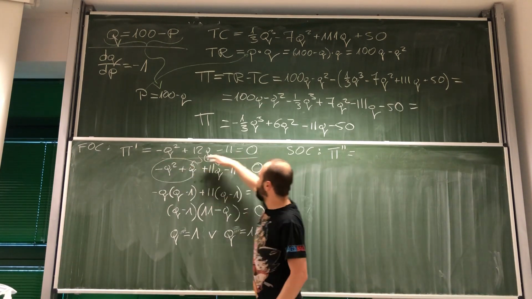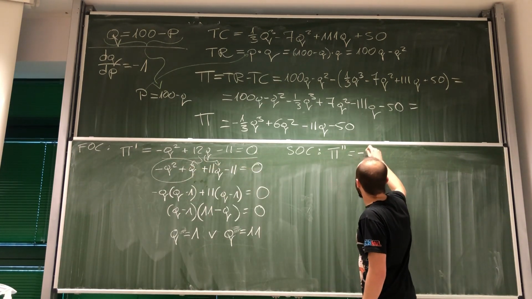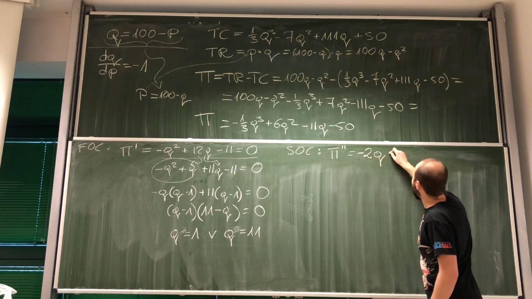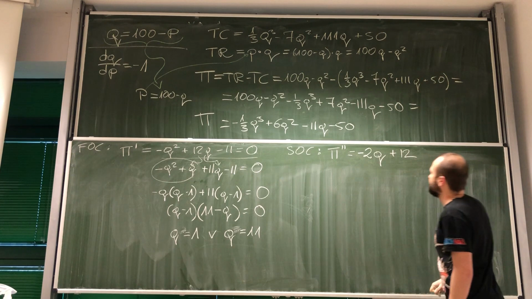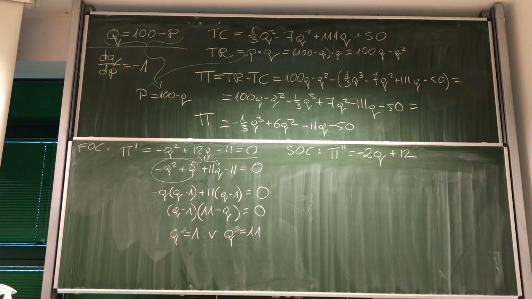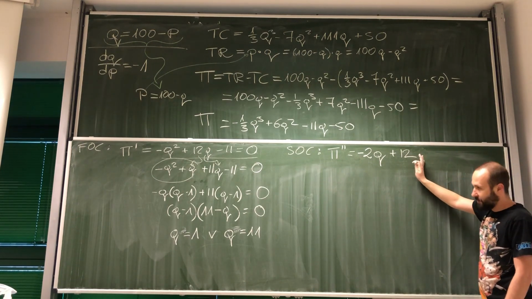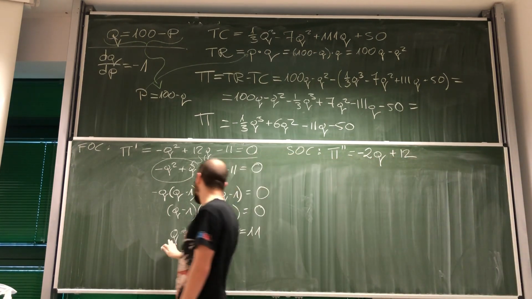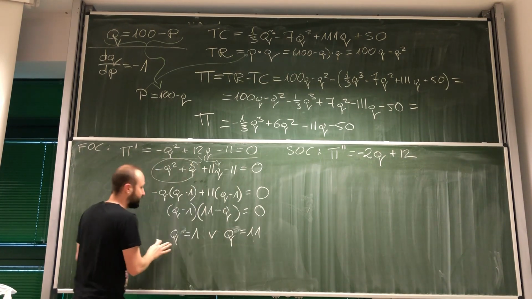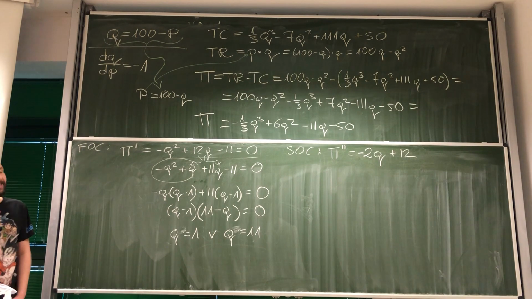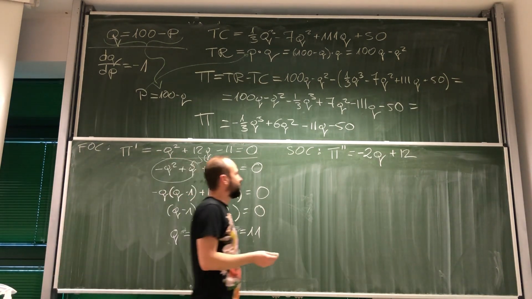So I'm differentiating that, and I'm getting that this is minus 2q plus 12. And look, at this moment, this is not telling me a lot, but now I can substitute the two values inside this second derivative and see which one is positive, which one is negative.